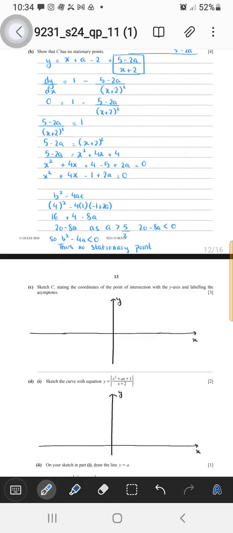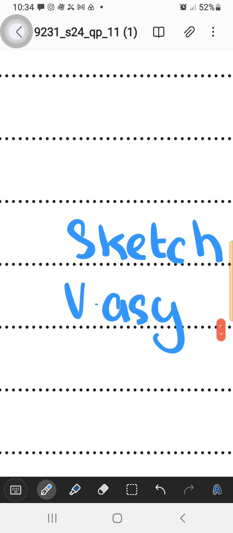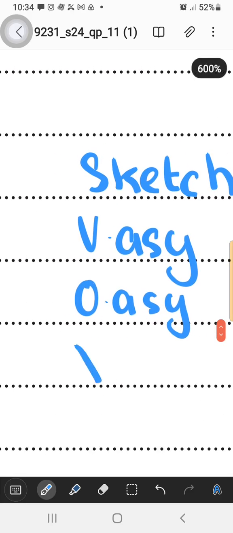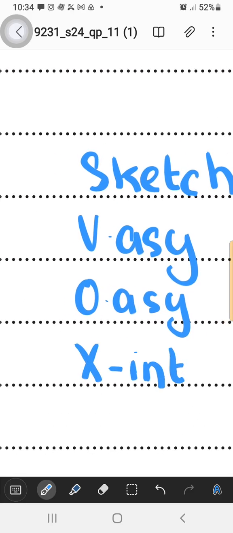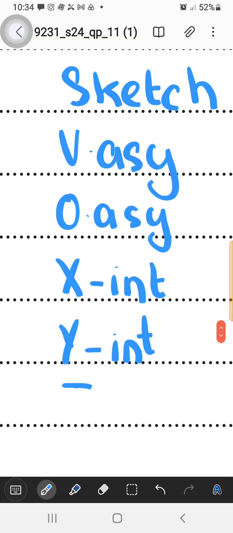Now we have to sketch. So first, what do we require to sketch? To sketch we require vertical asymptote, we require oblique asymptote in this case, we require x-intercept, we require y-intercept, we require turning point.